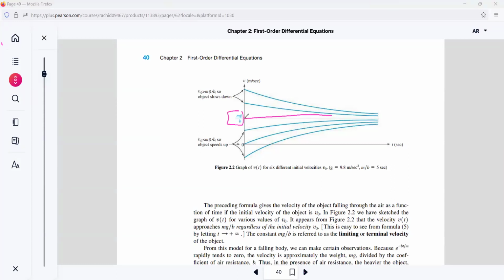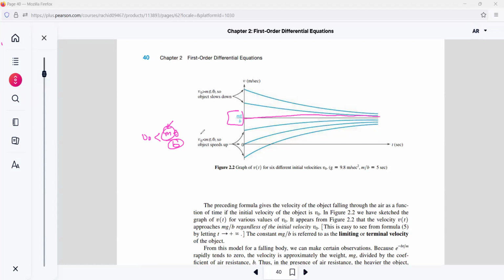Whatever happens, the velocity tries to go to that value. If V0 is less than mg over b, then it's going to speed up. Why is it going to speed up? Because in this case, probably the mass is bigger or the resistance is smaller, and it's going to try to speed up, go faster to it.